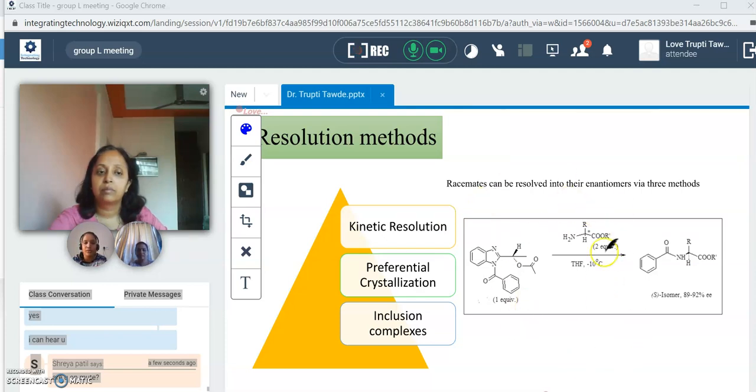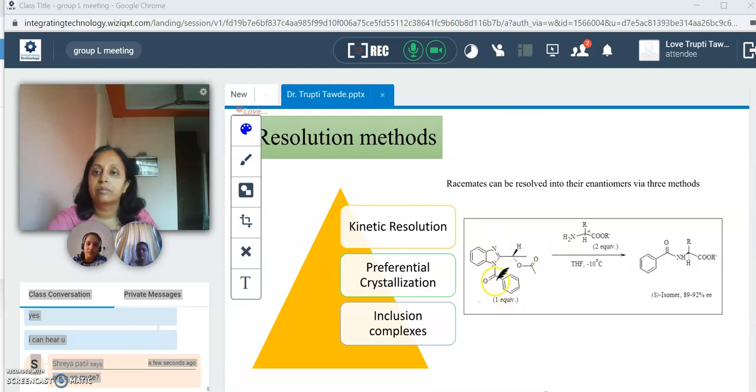So if you can see here, this is the benzimidazole which has been prepared, which is having the acylating agent. It was allowed to react with the racemic mixture of the amino acids. So if you can see, benzimidazole is having a specific property to transfer this benzoyl group.